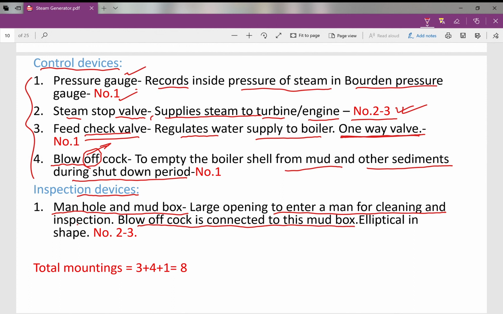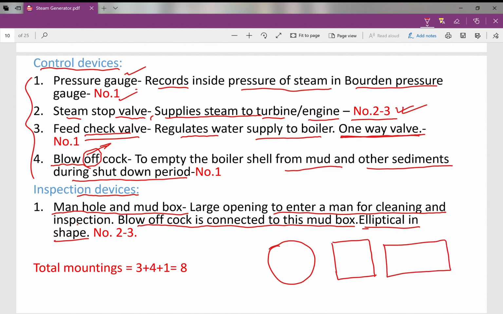Dear students, you might have observed that the shape is elliptical. So it is not a circular one, not a square one, not a rectangular one. The shape is elliptical. Why is it so? Generally, the numbers of manhole and mud box range from 2 to 3. See, for square or rectangular structures, at all these four corners, the thermal stress developed will be more.